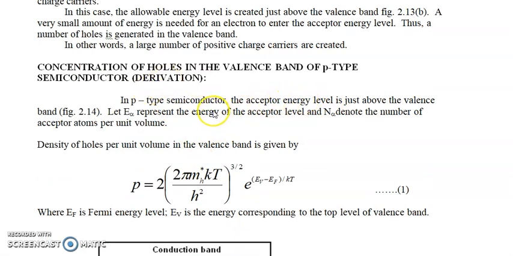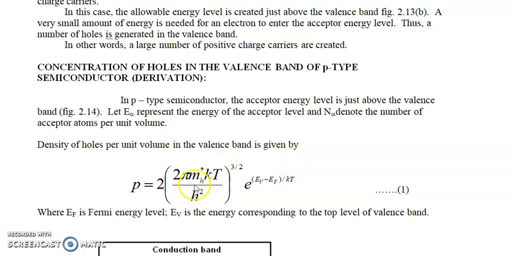We know that in a p-type semiconductor, the acceptor energy level is just above the valence band. Let us consider EA as the energy of the acceptor level, and NA as the number of acceptor atoms per unit volume. Now consider the density of holes per unit volume in the valence band.